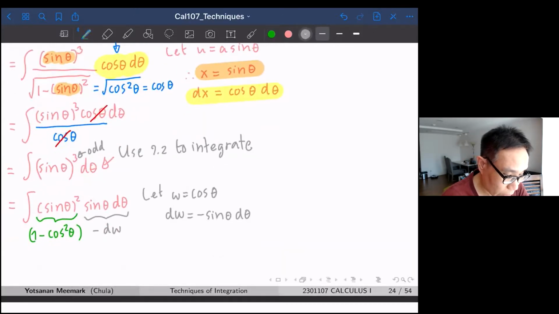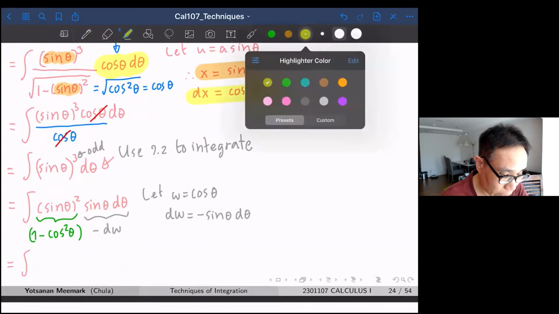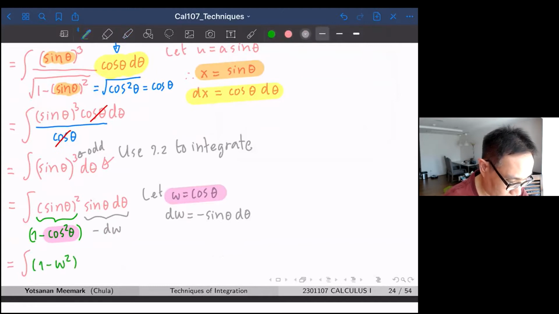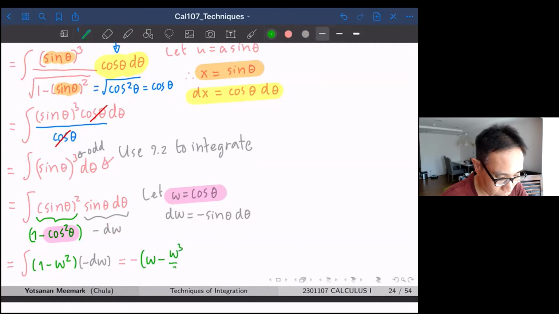So you have this integral, where w equal to cos theta, so cos square will be w square. So you get 1 minus w square, and you have negative dw. And you just integrate: integrate 1, you get w, and integrate w square, you get w cubed over 3.